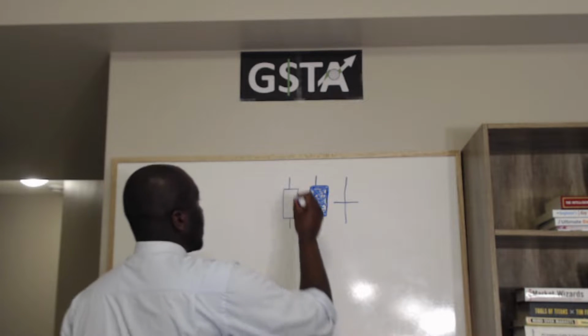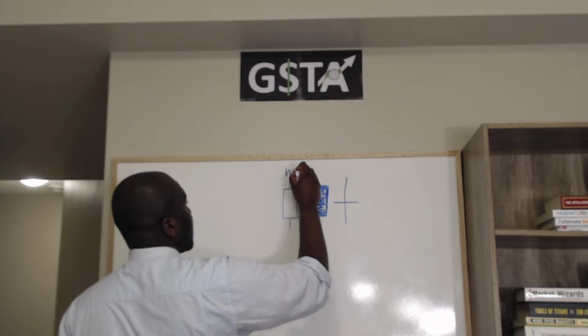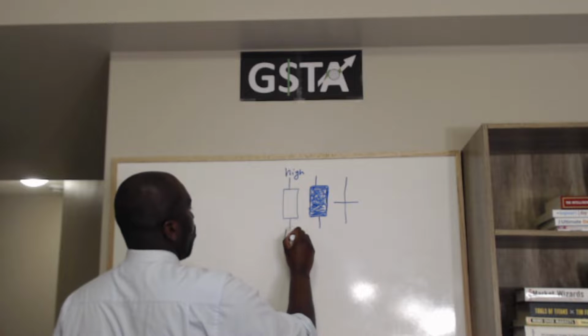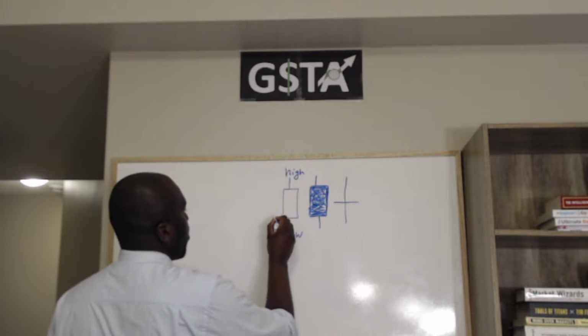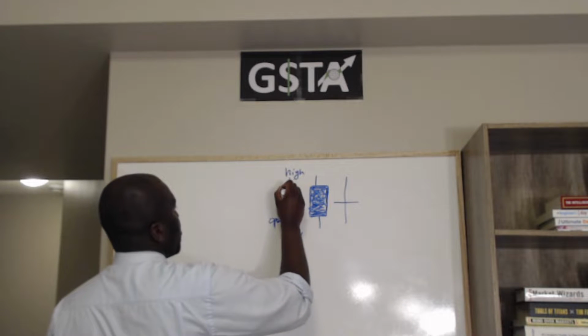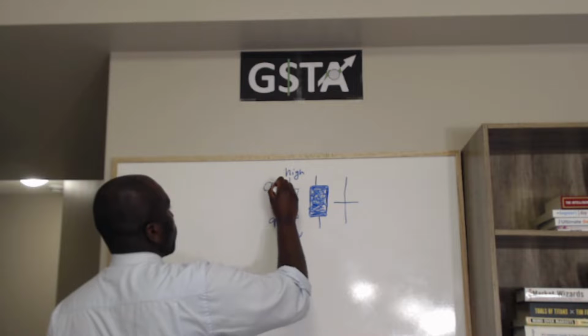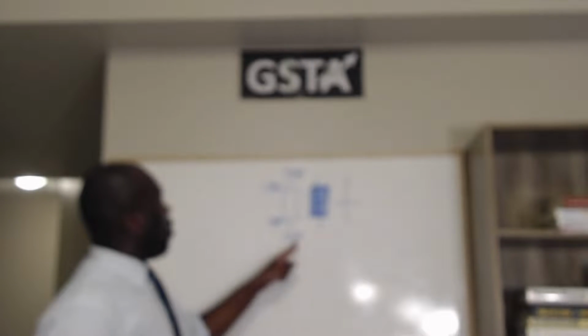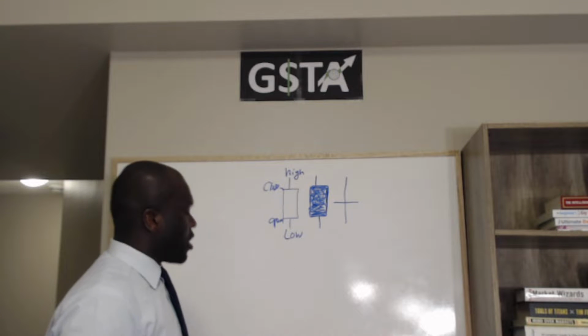So here is the high for the bullish candle. Here is the low. Here is the open, and here is the close. So high, low, open, and close for the bullish.